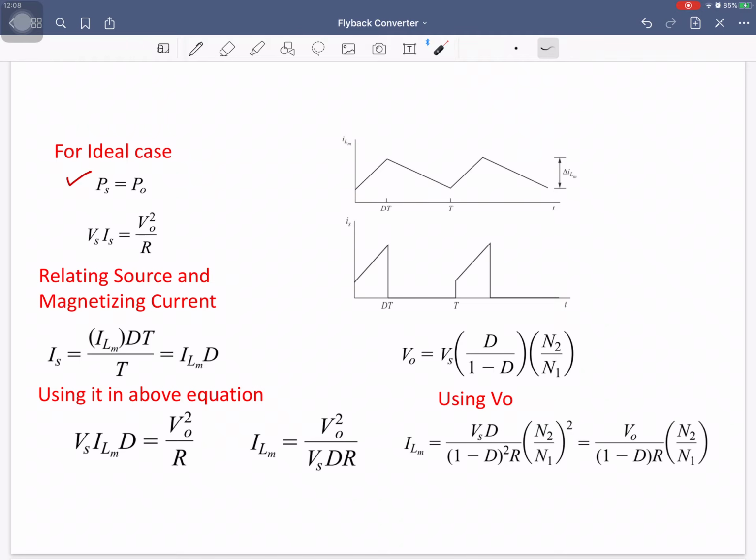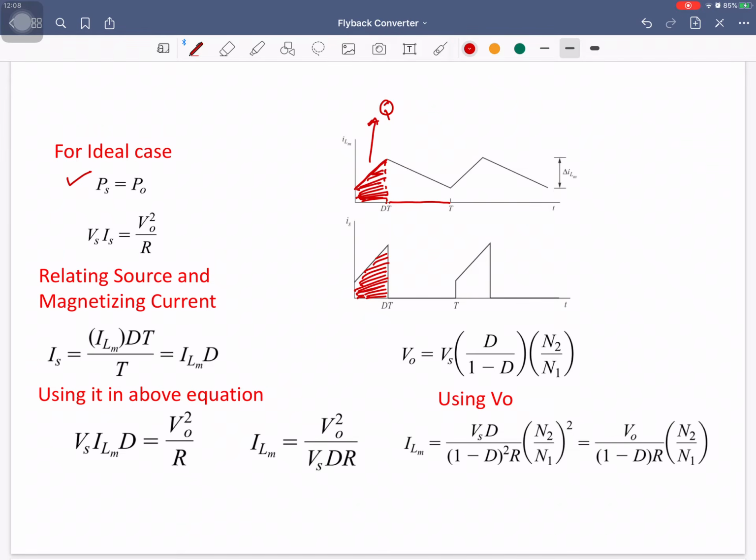Okay, so now if we look, the supply current will only exist for this interval of time when your switch Q1 or Q was on. This is your current from the supply. No supply current when your switch is in the off state. There is the magnetization current, but no supply current. That is because of the stored energy.